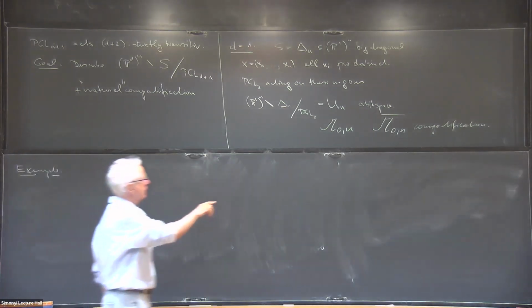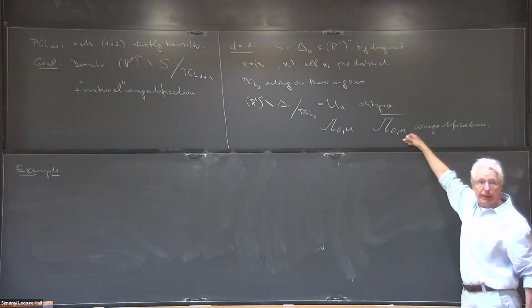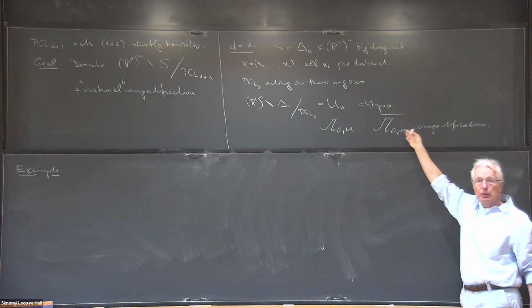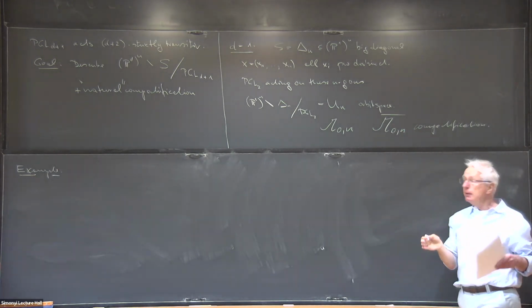What does it mean to compactify? It means to add limits. But it's up to you how you want to define limits, how many different limits you want to consider.